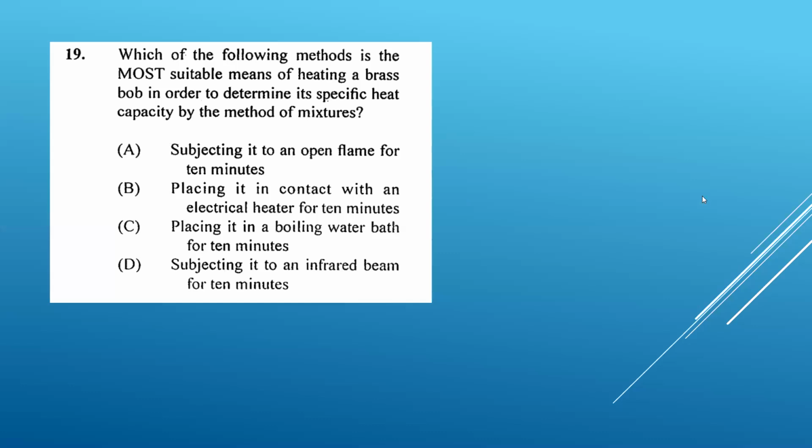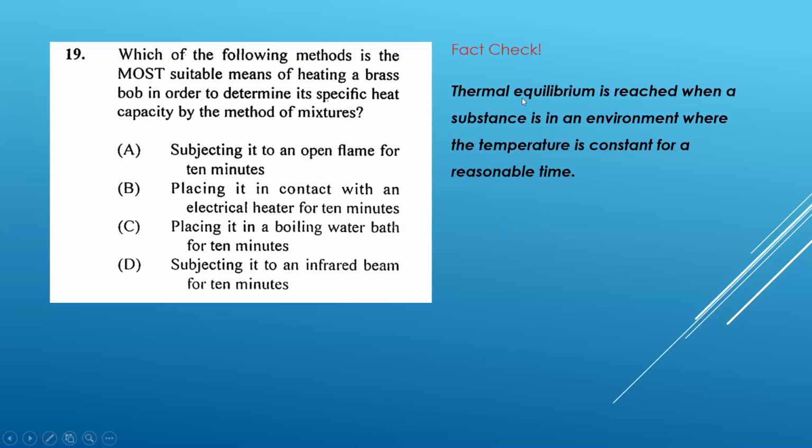All right, now if you are trying to get a substance to be in thermal equilibrium, then it has to be placed in an environment where the temperature remains constant for a good amount of time. If A is done, you have no way of knowing the temperature of the bulb, because this will elevate the temperature to a very high value, and you would not be able to measure that on a regular thermometer.